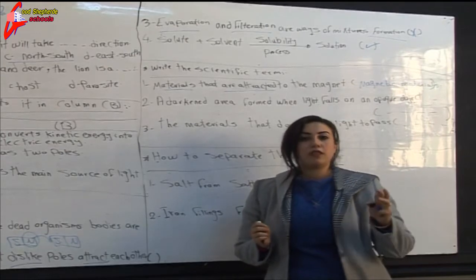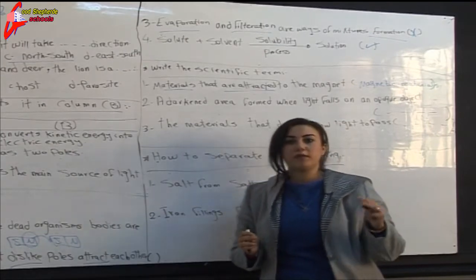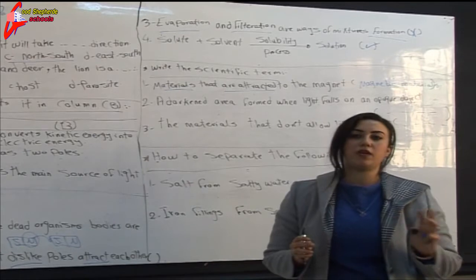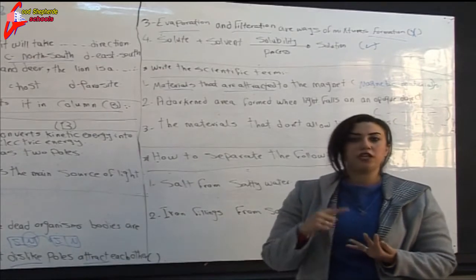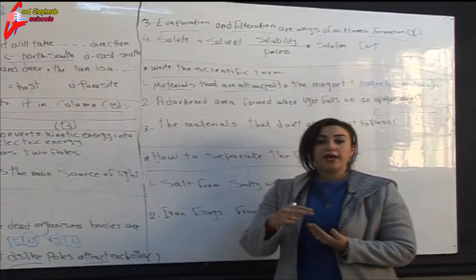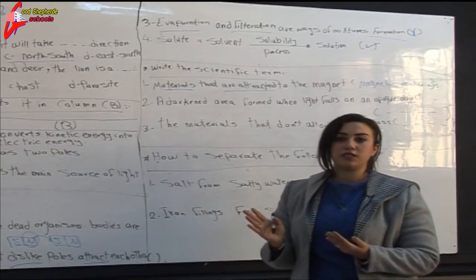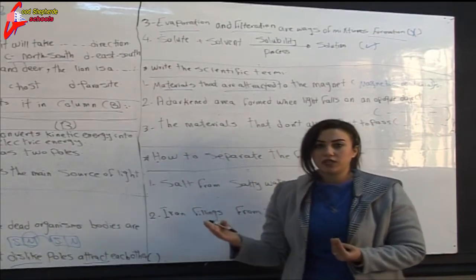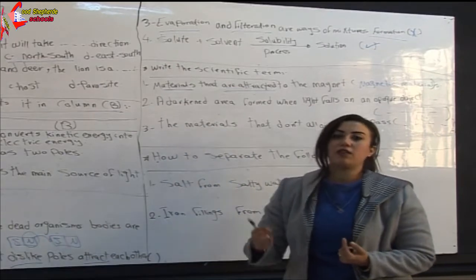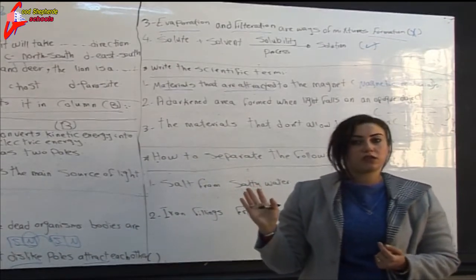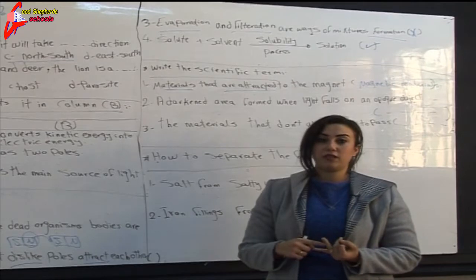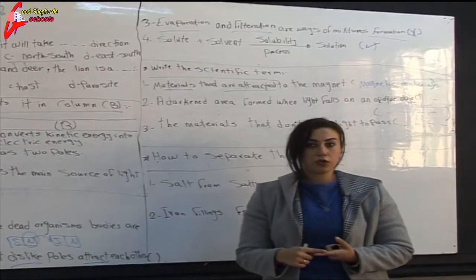Magnetic materials are attracted to the magnet, like iron, cobalt, nickel, and steel. Except for these 4 examples, the rest are non-magnetic materials, which aren't attracted to the magnet, like chalk, plastic, leather, aluminum, and copper.